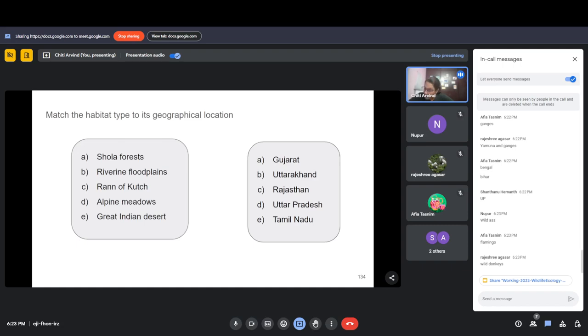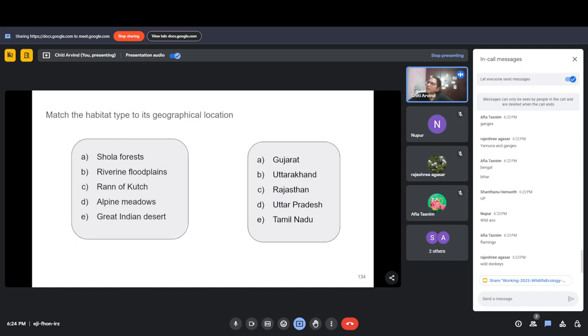So you have the lesser flamingo in particular that you find in the run of Kutch, the greater run of Kutch, little run of Kutch, and they even come down to Maharashtra, found near the coastline of Mumbai. And the wild ass are only found out there in this run of Kutch.